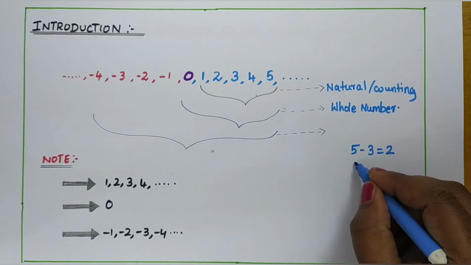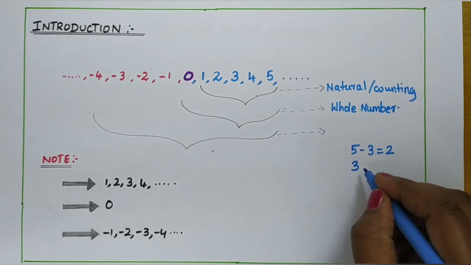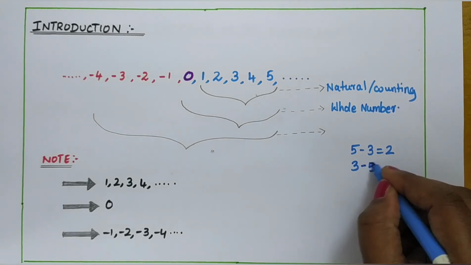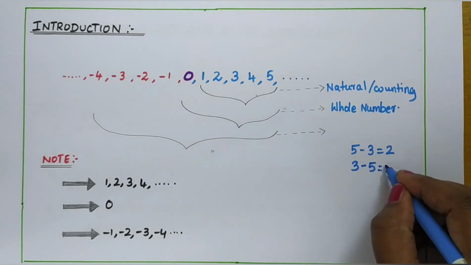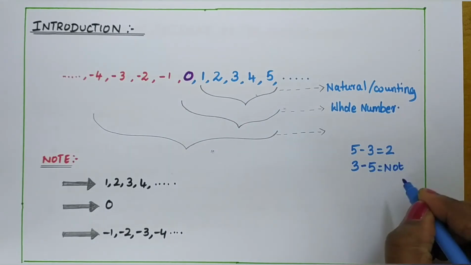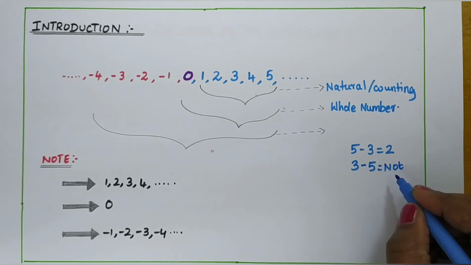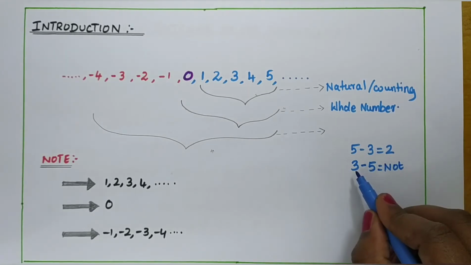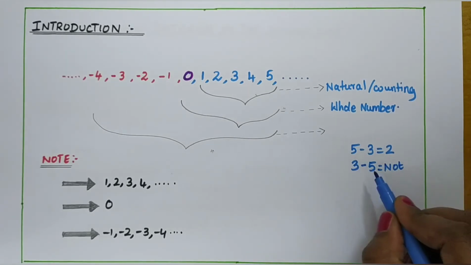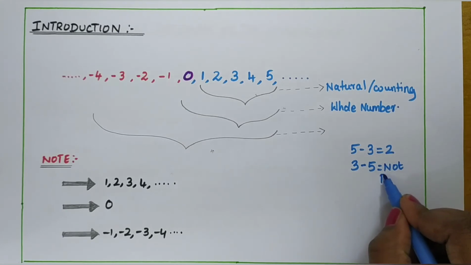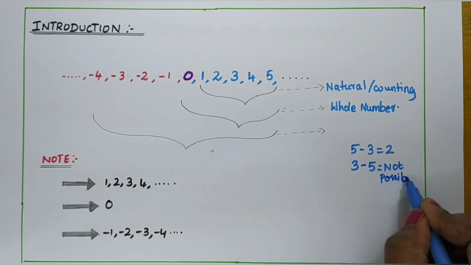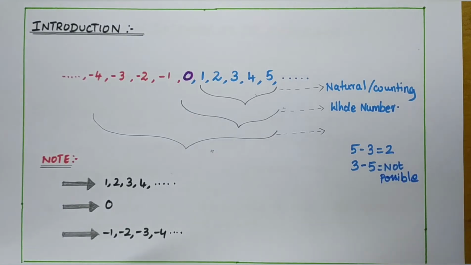Suppose I subtract a bigger number from a smaller number, 3 minus 5. This is not possible in whole numbers or natural numbers. So we have to extend our number series in the opposite direction.